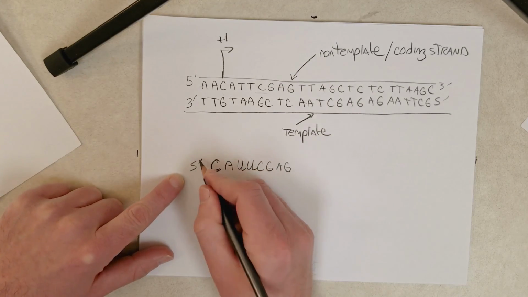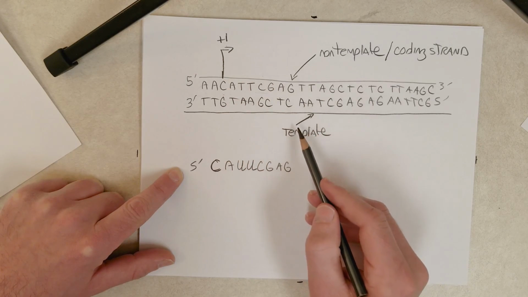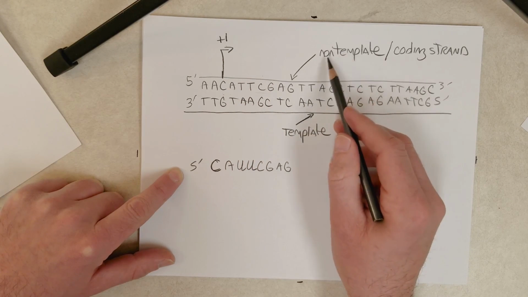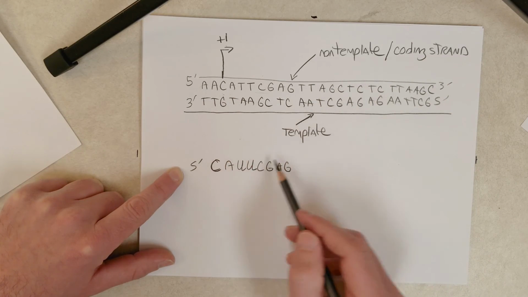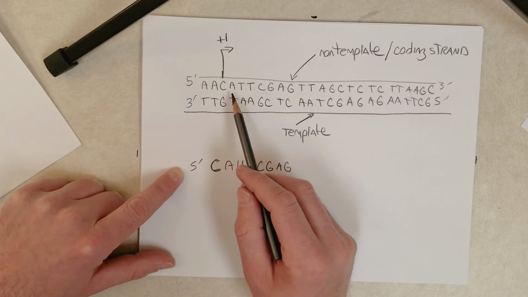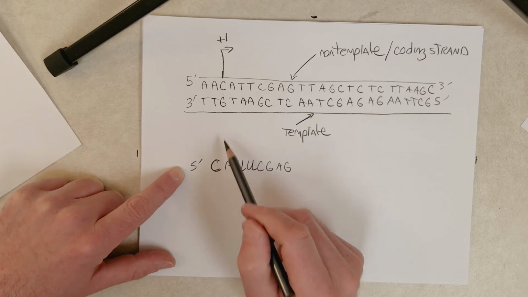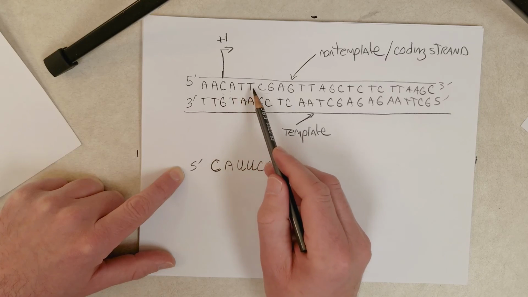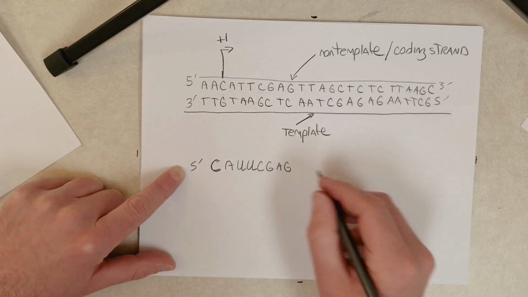So if I gave you a DNA molecule like this, and I said this was the plus one site, this was the template, this was the non-template strand, and I said, give me the first 10 nucleotides that are incorporated into the RNA chain, you would say C, A, U, U, C, G, A, G. And you could continue that all the way down.